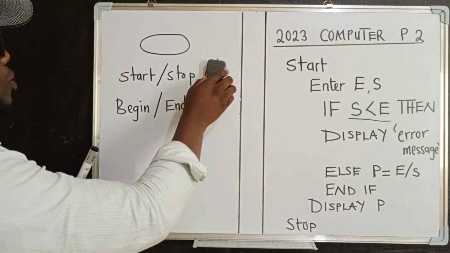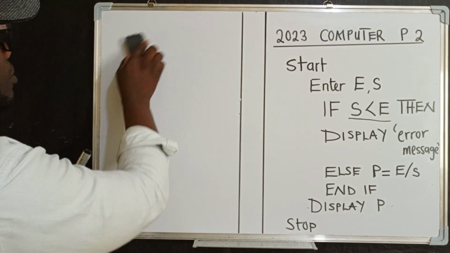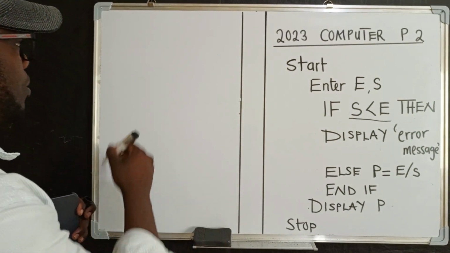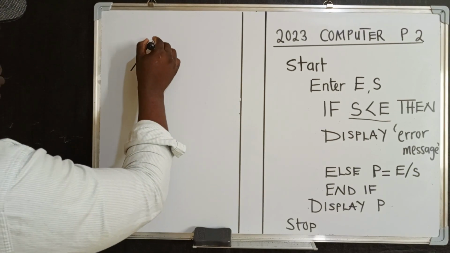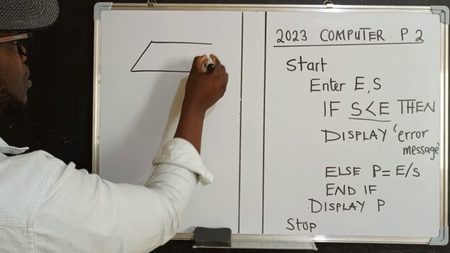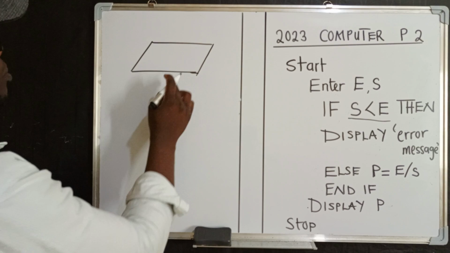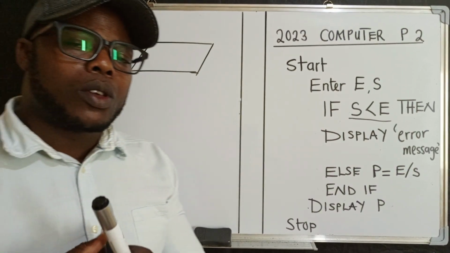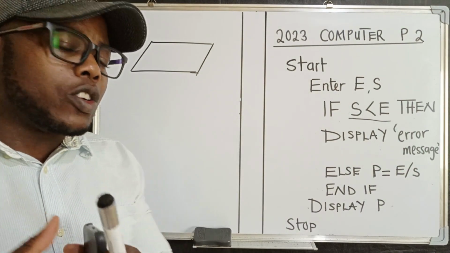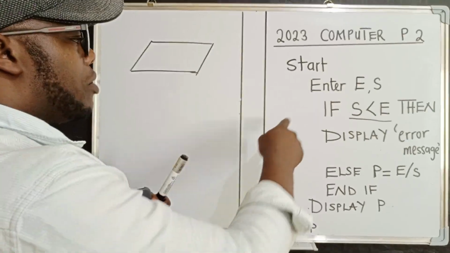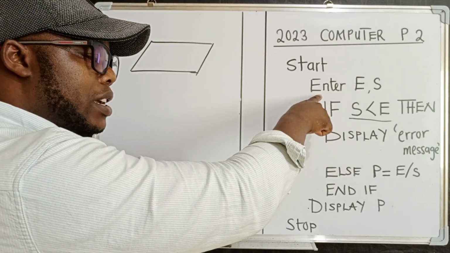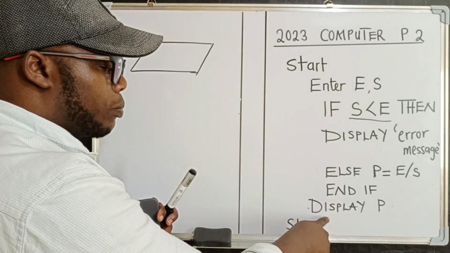Another shape which we need to consider is a parallelogram. So parallelogram looks like this. This is a parallelogram. We use parallelogram whenever we see the word enter or display.